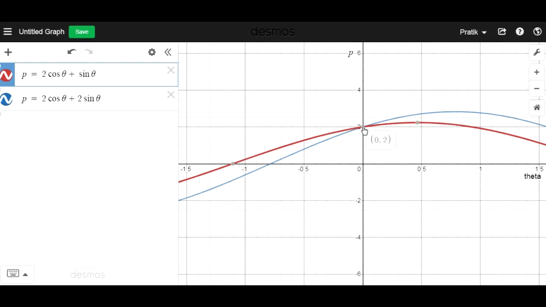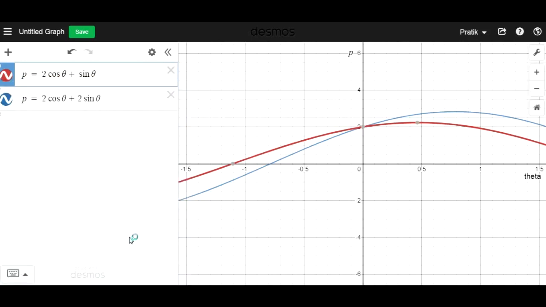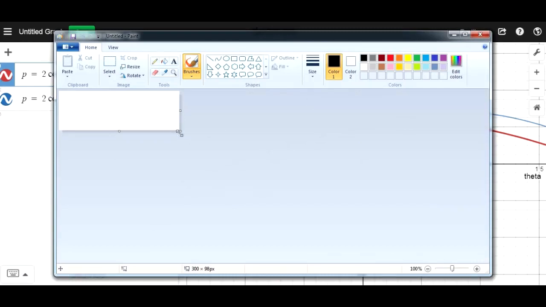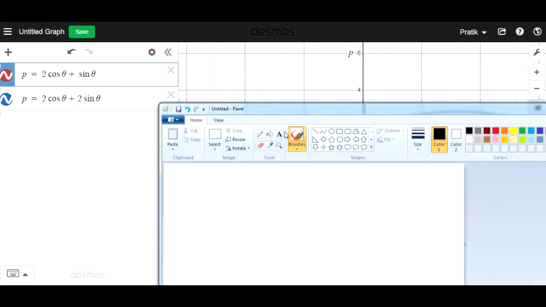Here this point is nothing but 0 comma 2. So basically what we got is 0 comma 2. This says that p is equal to 2 and theta is equal to 0.